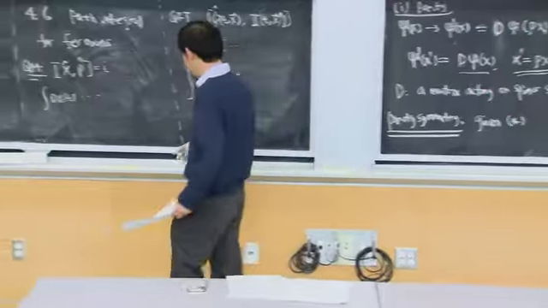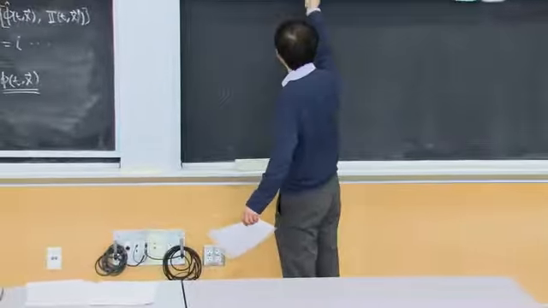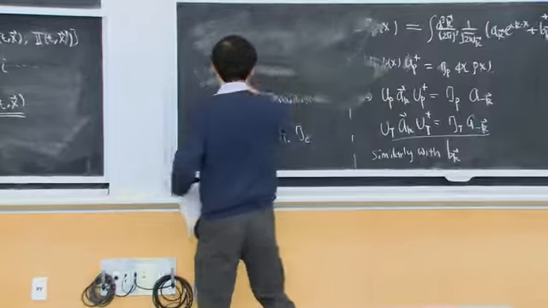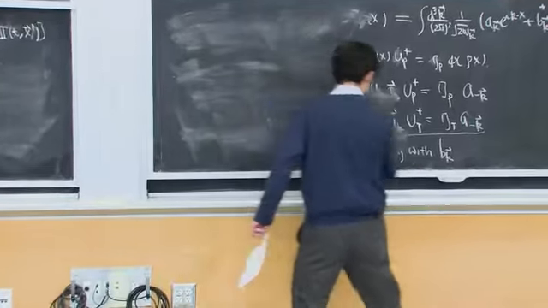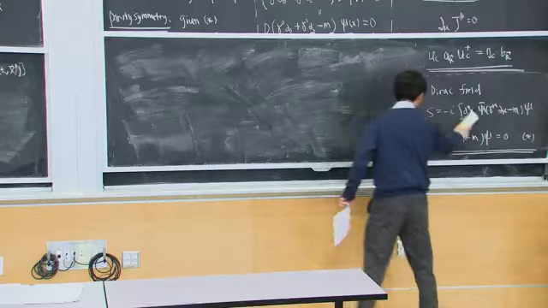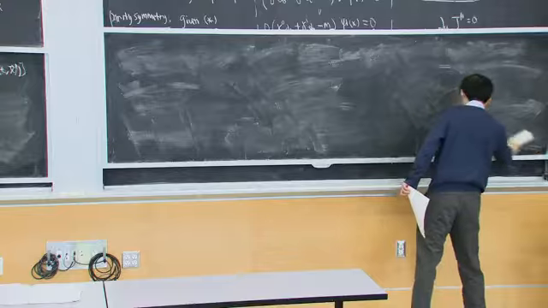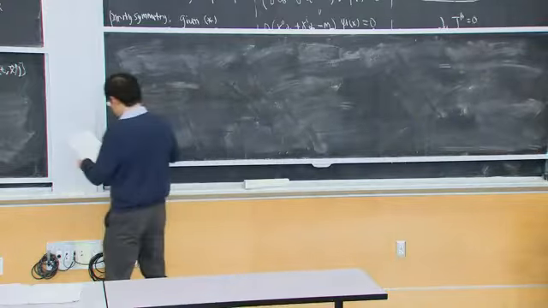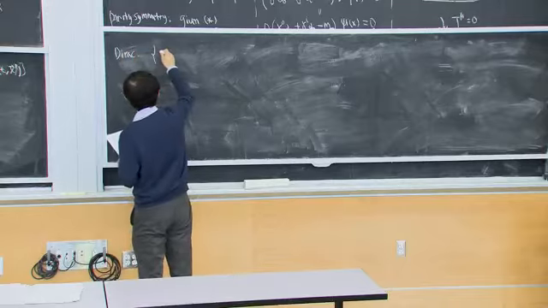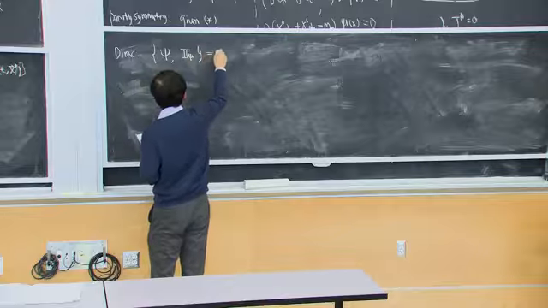The basic idea is that when you have a Dirac field, then you have an anti-commutation relation between psi and pi psi.